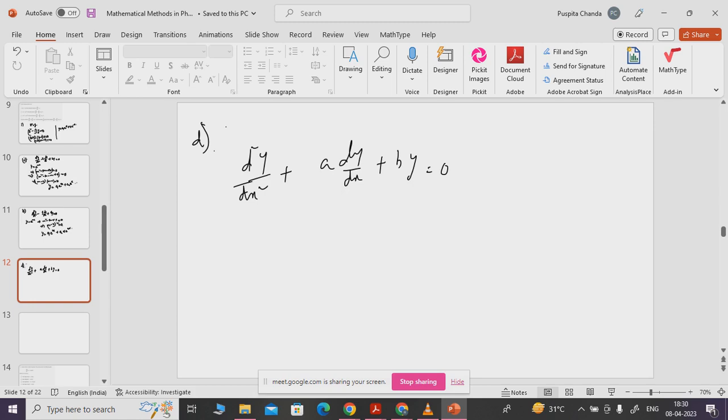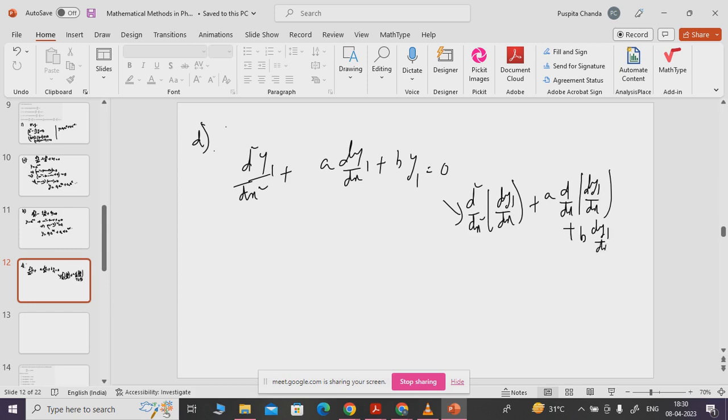We know this is true. If we have to prove that the derivative of y1 is also a solution, we have to prove d2 by dx2 of dy1 dx plus a d dx of dy1 dx plus b dy1 dx is 0. We need to prove that.